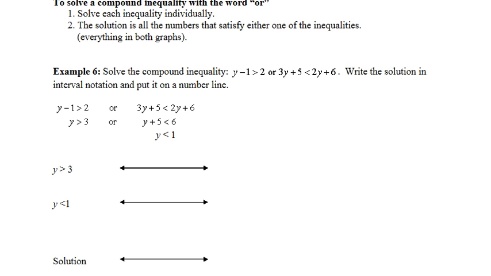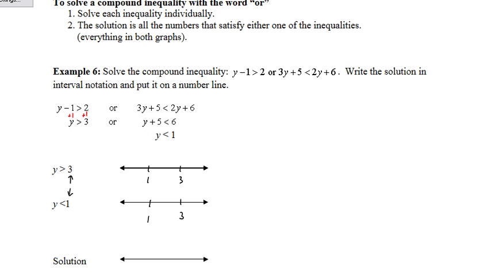So I just added 1 to both sides, and got y is greater than 3. And it looks like I subtracted 2y, and I subtracted 5, and I ended up with y is less than 1. So the two numbers that you're going to want to put on your graph are a 3 and a 1. Make sure you line up the 1 to the left, and the 3 to the right.